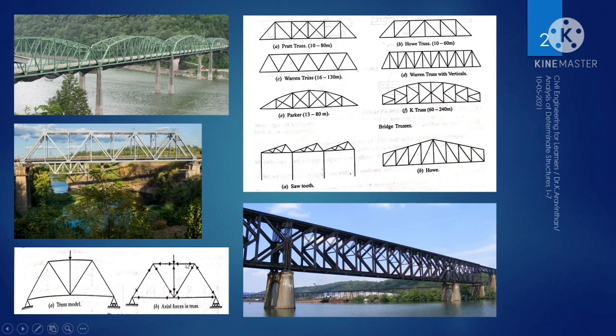Then what happens, if you apply a load at a joint, the load is transferred into each and every member. It will be purely axial force. So it may be either compression or tension. So this is compressive force and this is tensile force. And these are the two types of force which act in a truss.